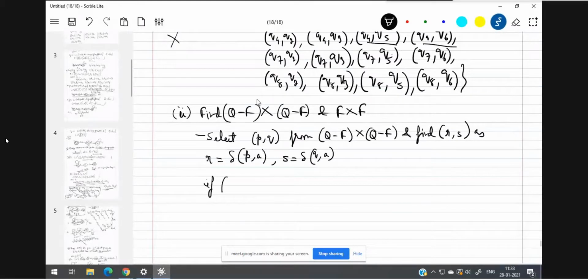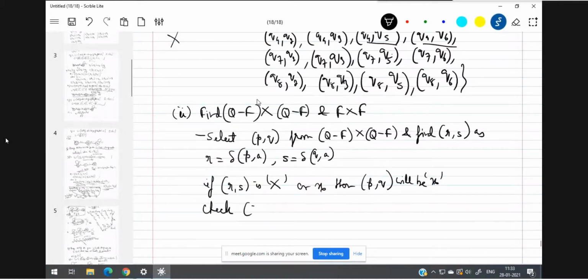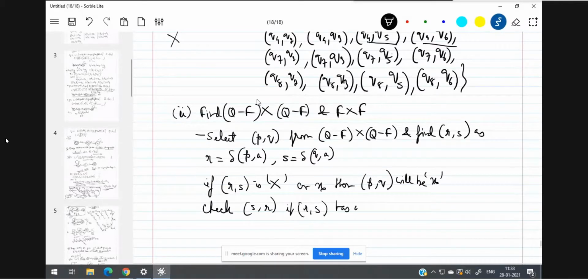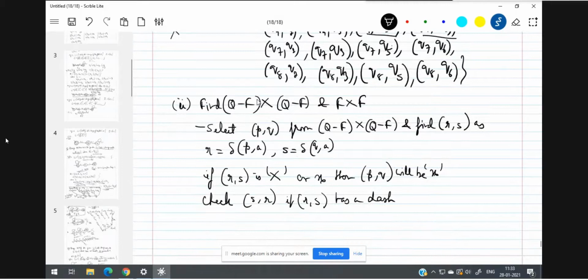Then if R comma S is cross or small letter x, then P comma Q will be x. Okay, and then check SR. If RS has a dash, let me just complete it.